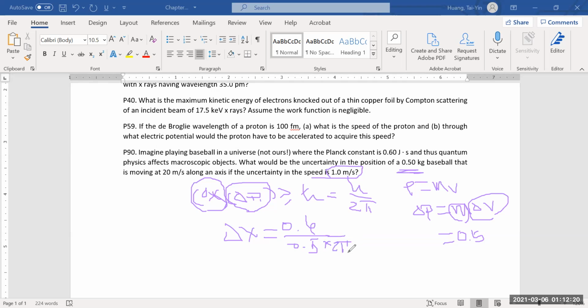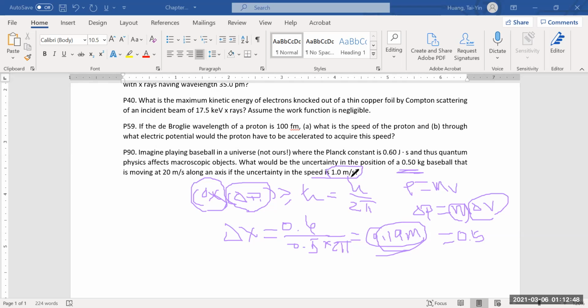When you plug in these numbers, you'll find that the uncertainty in the position is 0.19 meters. And this is actually detectable. It's quite large, right? 0.19 meters, as opposed to a very small number. So this is one case, just to illustrate that there is uncertainty.